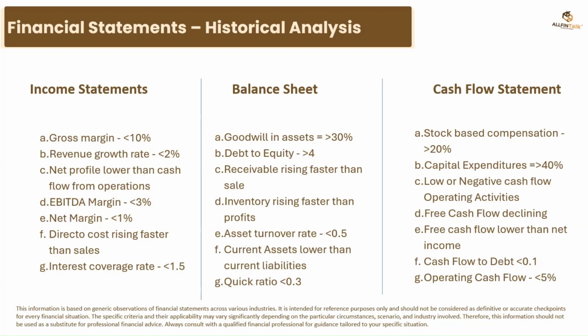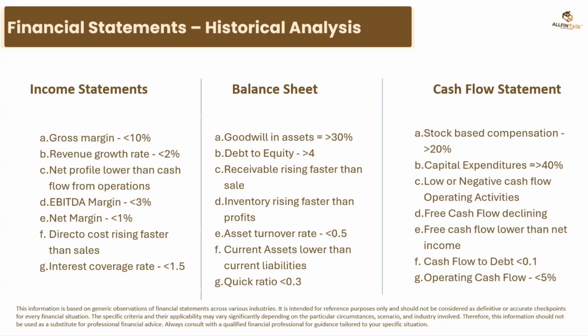Similarly, from the cash flow statement, if I'm paying stock-based compensation, so basically I'm paying the employees in the form of shares, and that compensation is more than 20%, that denotes that I don't have the money to pay the employees, right? My capital expenditure is more than 40%, or I have negative cash flow from operating activities.